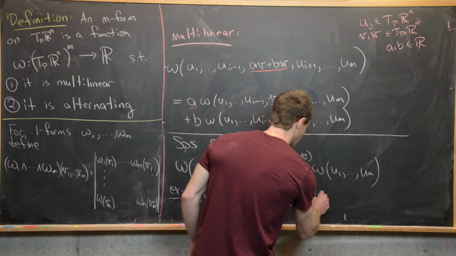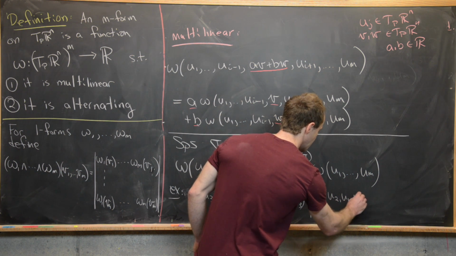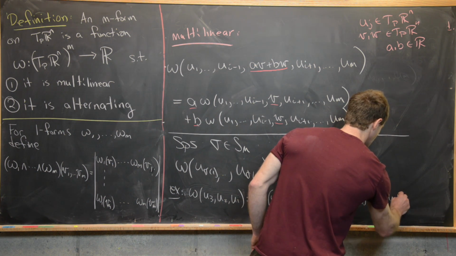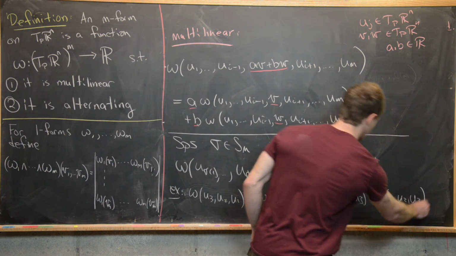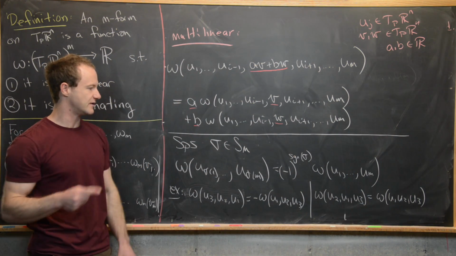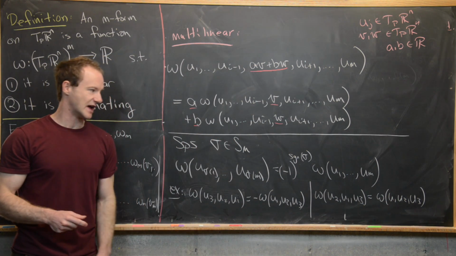Versus if we have omega of u2, u1, u3, that's going to be the same thing as omega of u1, u2, u3, because there we have hit it with a 3-cycle, the 3-cycle (1 2 3), but that's an even element of S3.